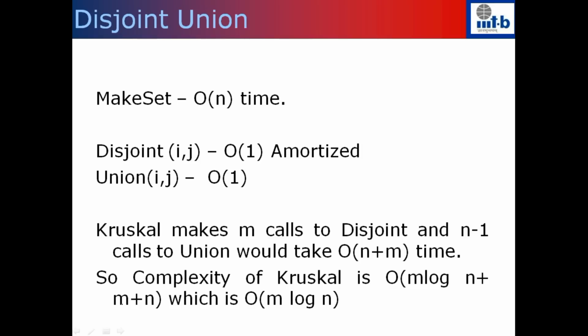You know how to implement it, but you don't know the proof of why the amortized cost of disjoint is order 1, but we will take it for granted. And when we want to implement Kruskal, it's always better to use the path compressed version of the disjoint union data structure, which will help us to do disjoint in order 1, and union also in order 1.